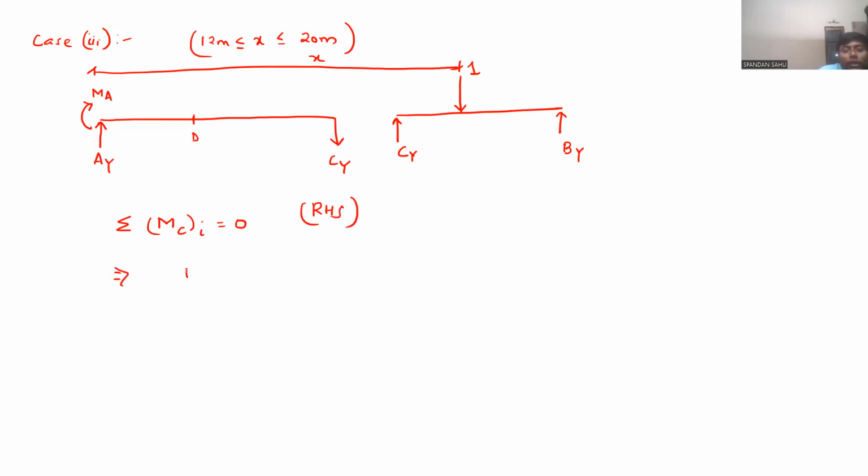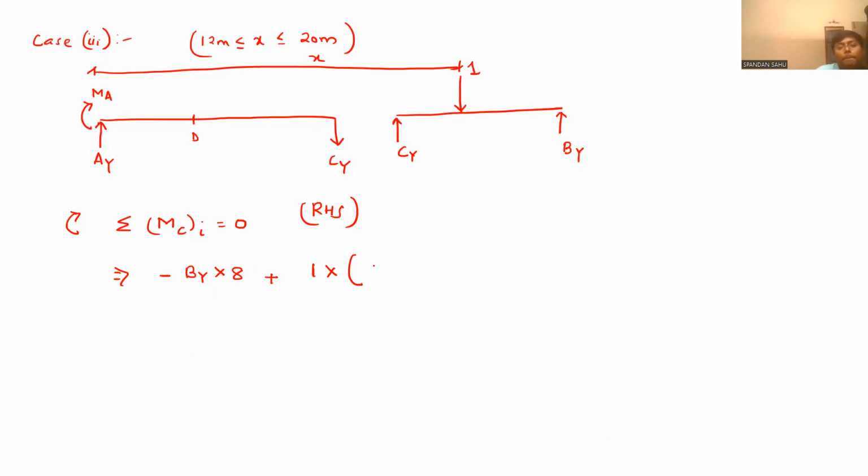Now, when you do this, you will get By, clockwise I am taking positive, so minus By into this length, which is 8 meter, plus 1 into, what will be the lever arm?